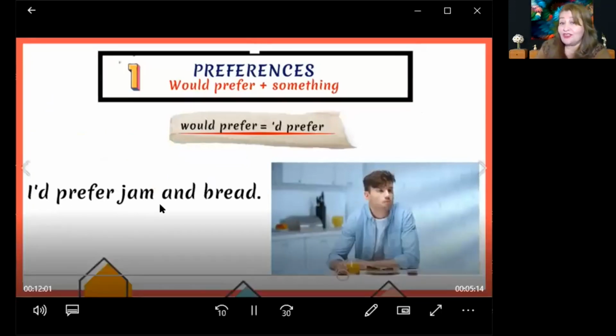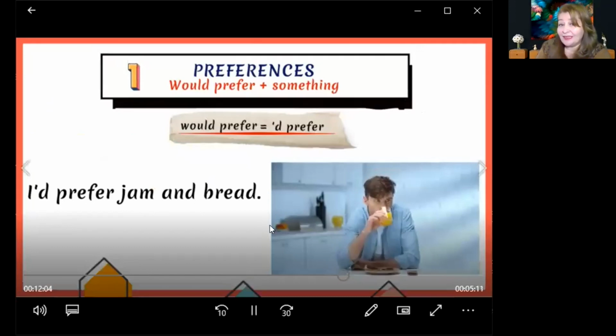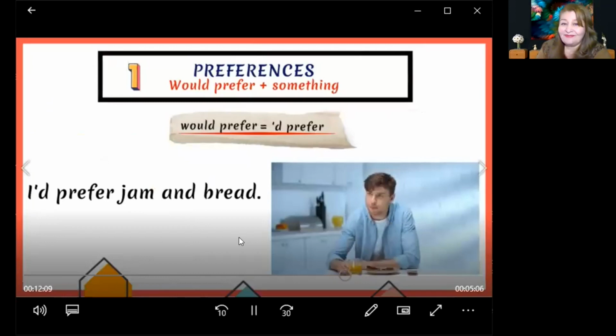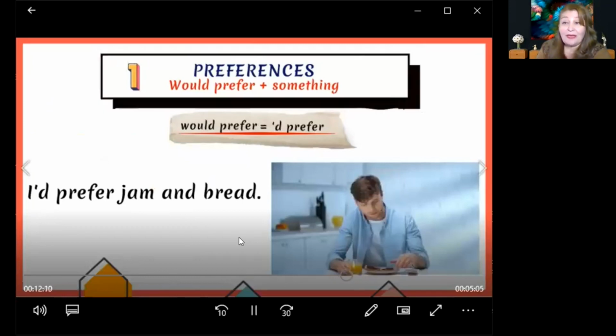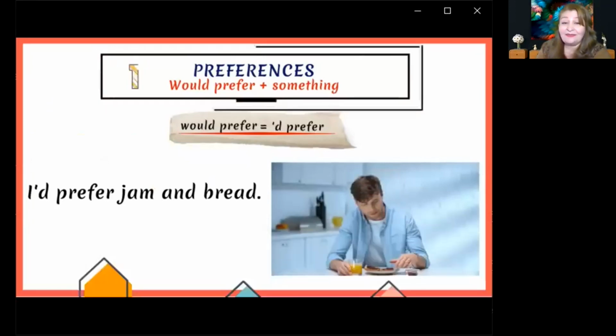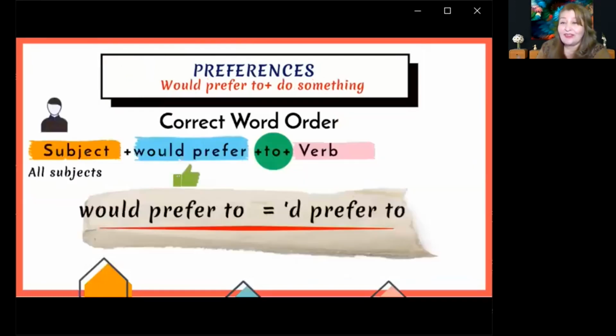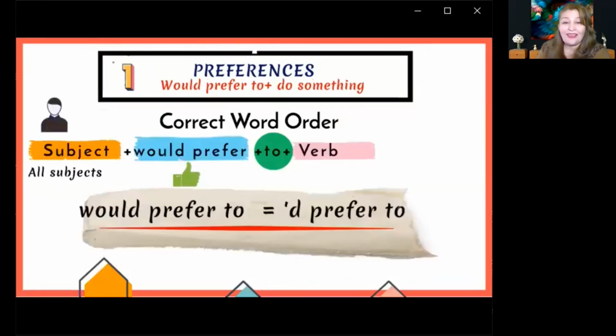I prefer jam and bread. Okay, as he is eating, he generally maybe not eating it, but today he prefers to have bread and jam. Okay.